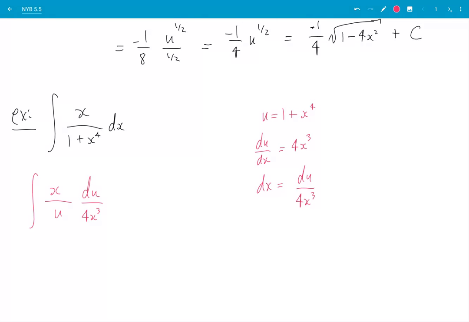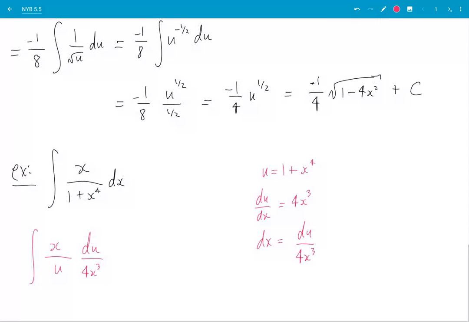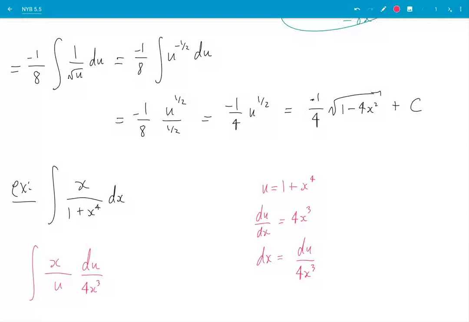Another name for substitution, another name for this technique, is a change of variables. So we're trying to change a variable. We're trying to arrive, like we did right here, at an integral in terms of a different variable, a simpler integral than the original, but completely in terms of a new variable.